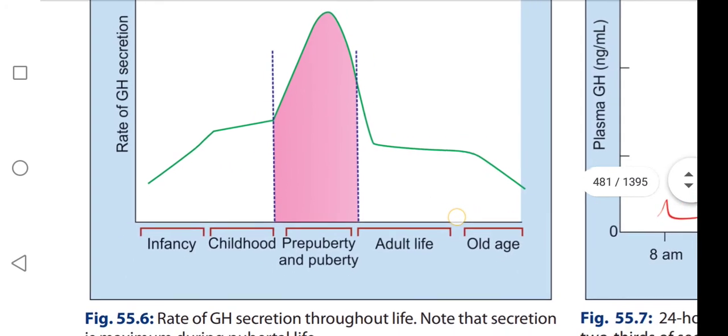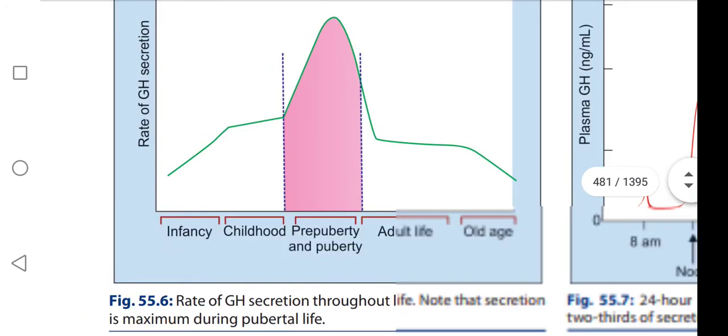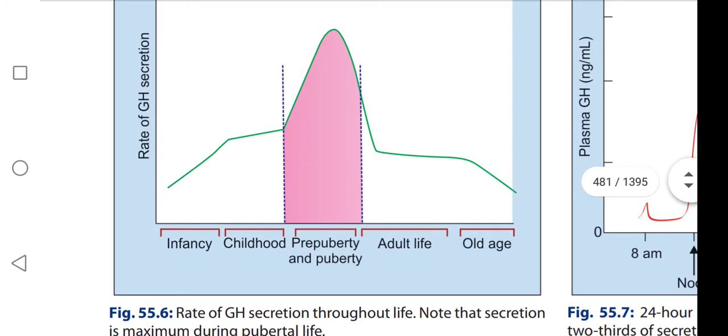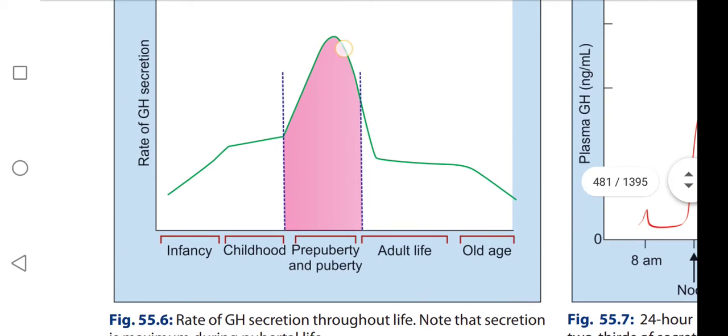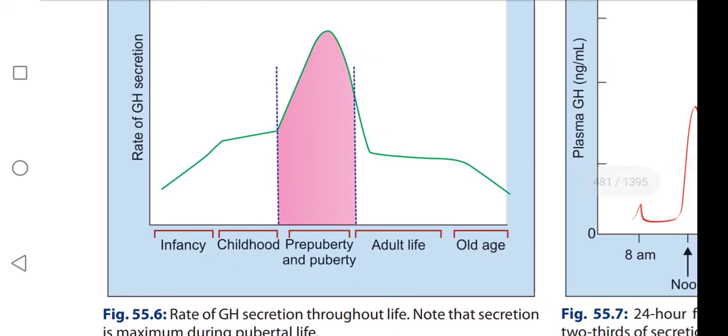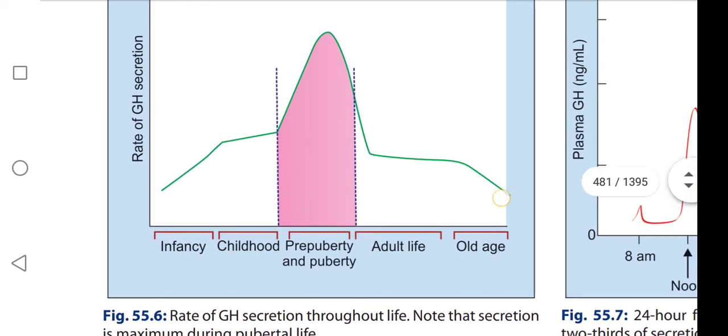This is the growth hormone secretion throughout life. If you see here, growth hormone secretion is highest at pre-puberty and puberty. Most of the growth occurs here and it decreases in old age.